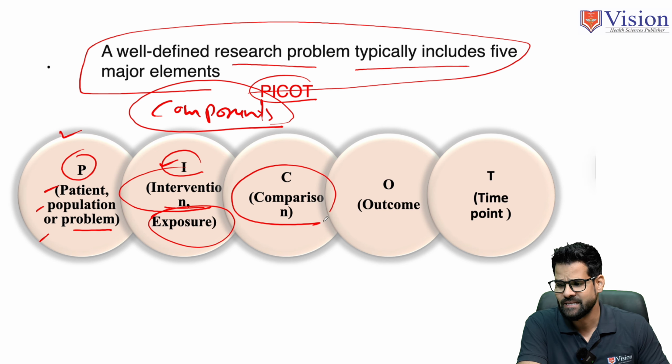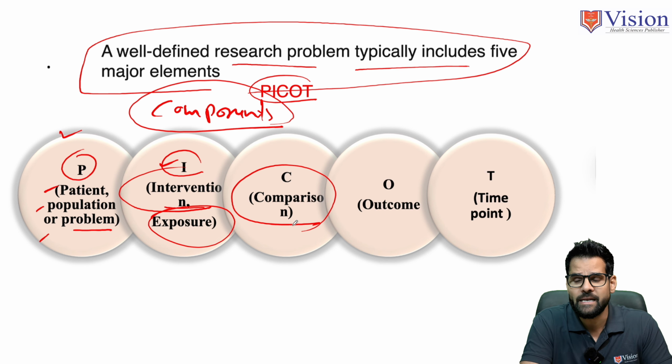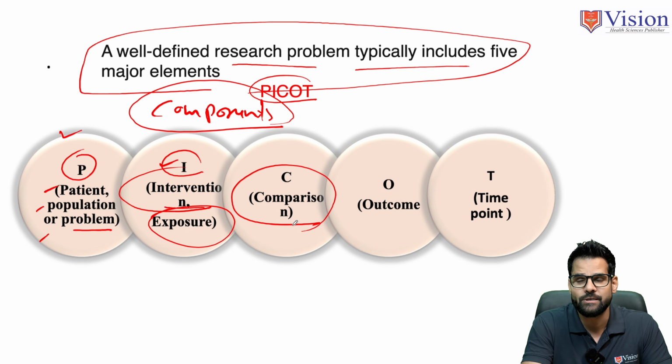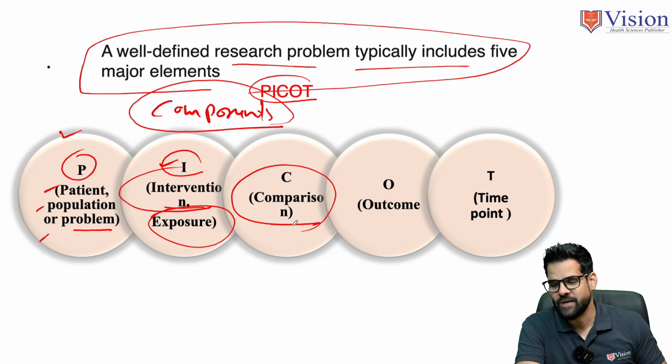Then comparison, that is another important point. Comparison should be there in any research statement, especially in the context of experimental research I'm talking about. Whenever you have a research statement, it should always have a counterfactual. I'm introducing a word, counterfactual.